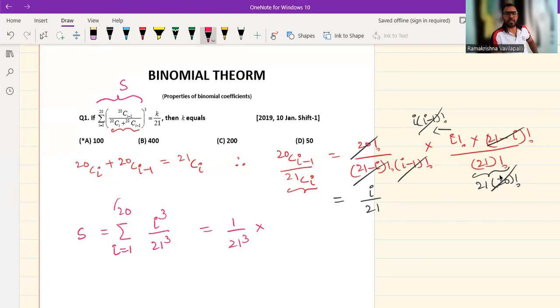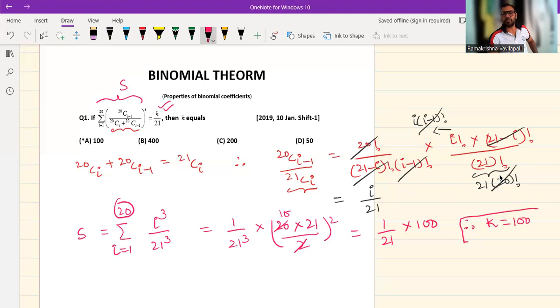Here n value is 20. So 20 into 21 by 2 whole square. 21 square will be cancelled. So 1 by 21 into this is 2 tens, 10 square is 100. So here given k by 21, therefore k equal to 100.